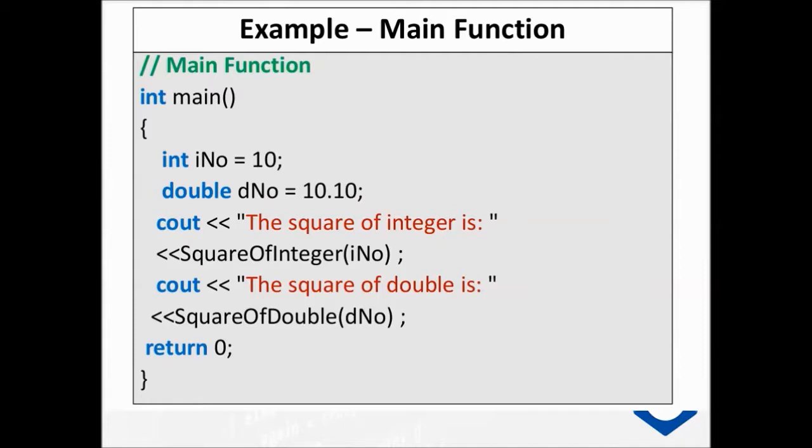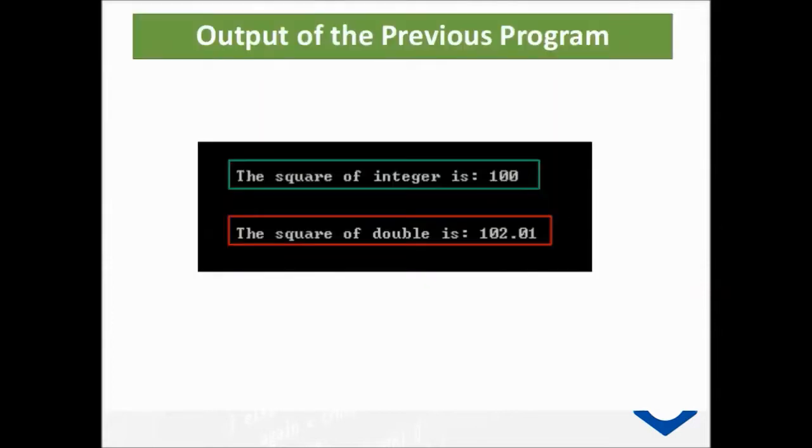And in the next cout statement, we call our second function, square of double, and we pass it the variable dno. It displays the output as: the square of integer is 100 and the square of double is 102.0.